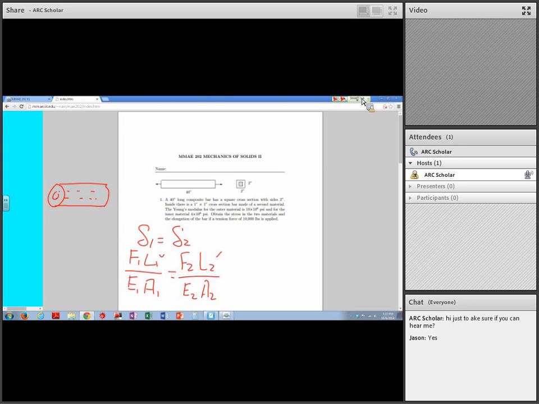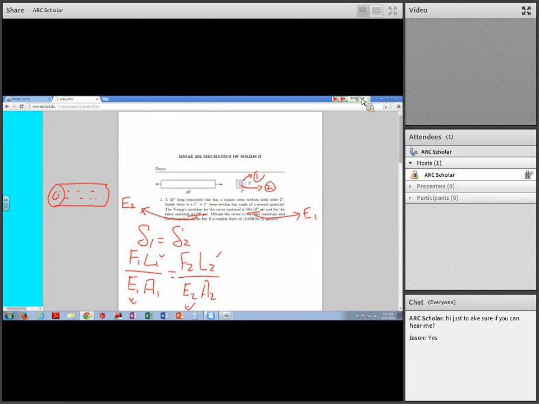And I got E1 and E2. For E1, let's say the outer part is 1, the inner part is 2. So the outer part, this is E1, and for the inner part it is E2. Okay, so I got the E1 slope and E2 slope. And A1 is very simple.